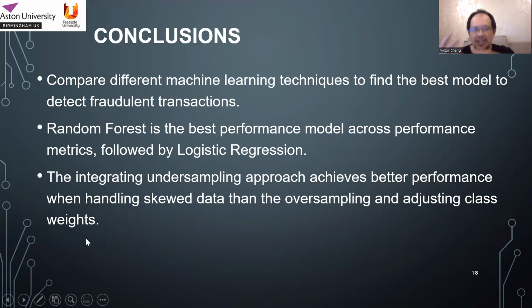So in this data set, if we want to dig in further, undersampling seems to be more reliable and gives better performance than oversampling. But in some cases, it may not be the same. So in our research, we realized that the undersampling approach may be more suitable for fraud detection.